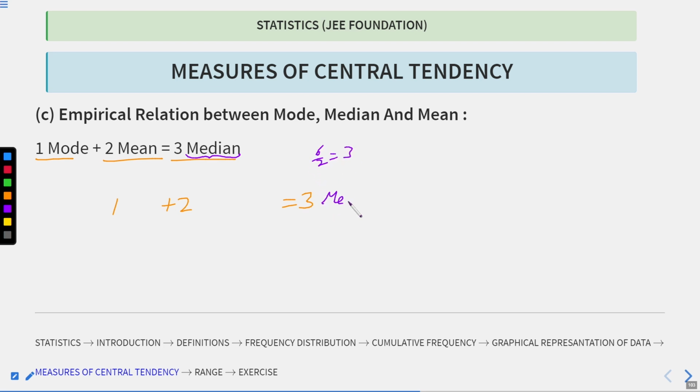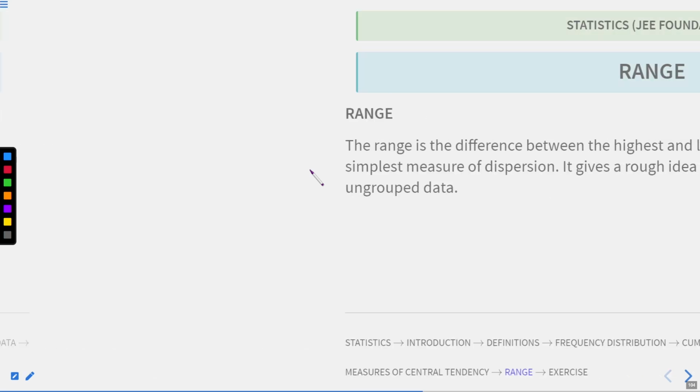This means here we use median, and here we use mean, and here we use mode. So 1 mode, 2 mean and 3 median. I hope you will recall and memorize it very easily. You will see some questions based on this formula.